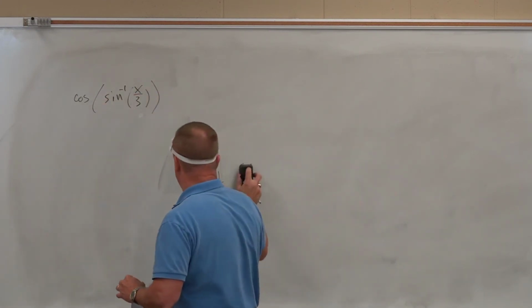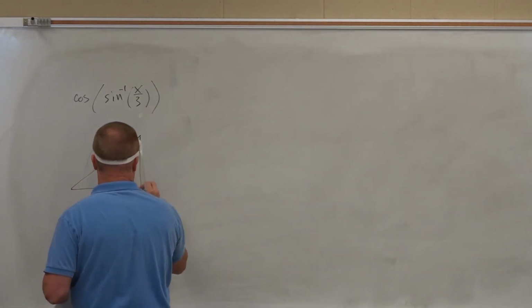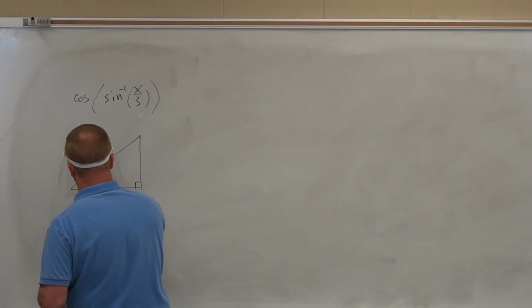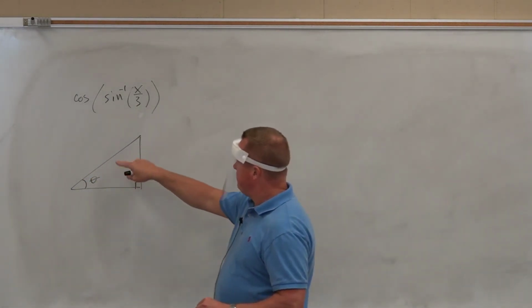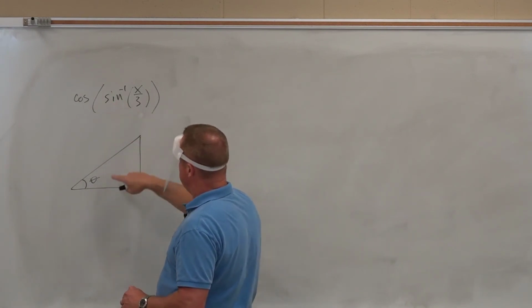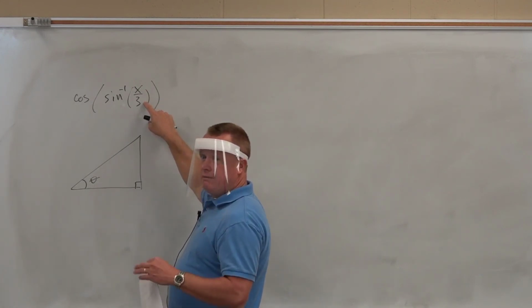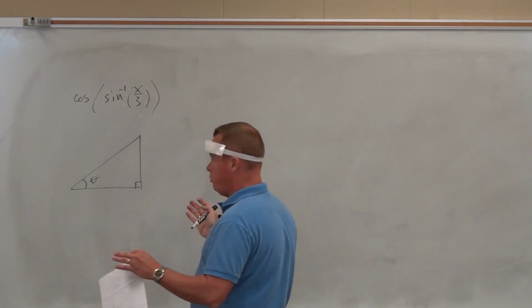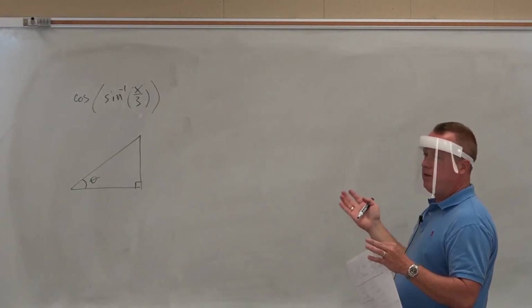So what you can do is draw a right triangle, and say, this is that angle right there. If this is that angle, then the sine of this angle is going to be x over 3. I know from way back in geometry in high school that sine is the opposite over hypotenuse.